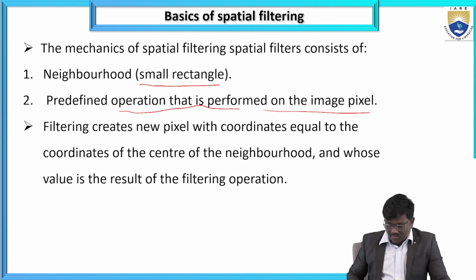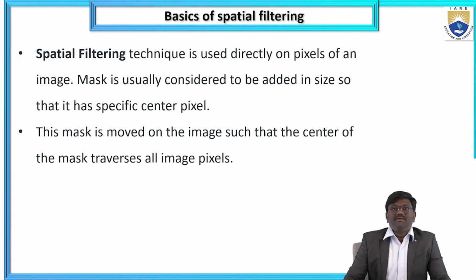Let us look in detail: the spatial filtering technique is used directly on pixels of an image. The mask is usually considered to be odd in size so that it has a specific center pixel, which we define in terms of spatial filtering.